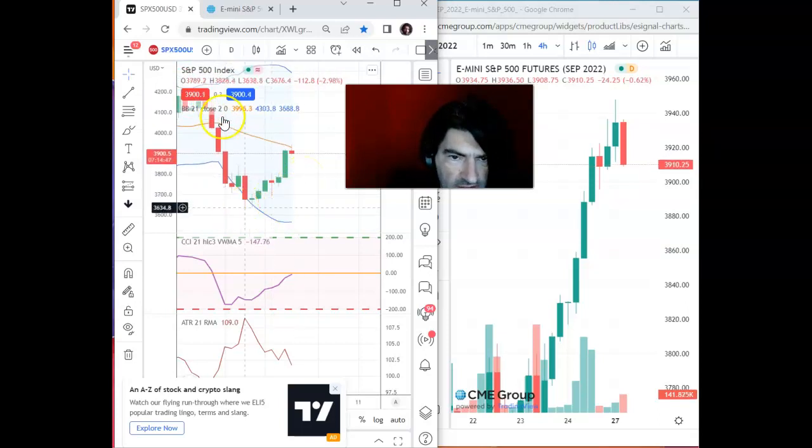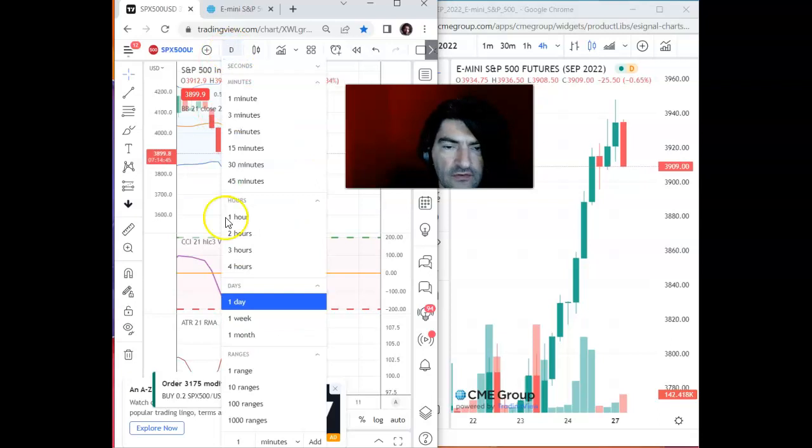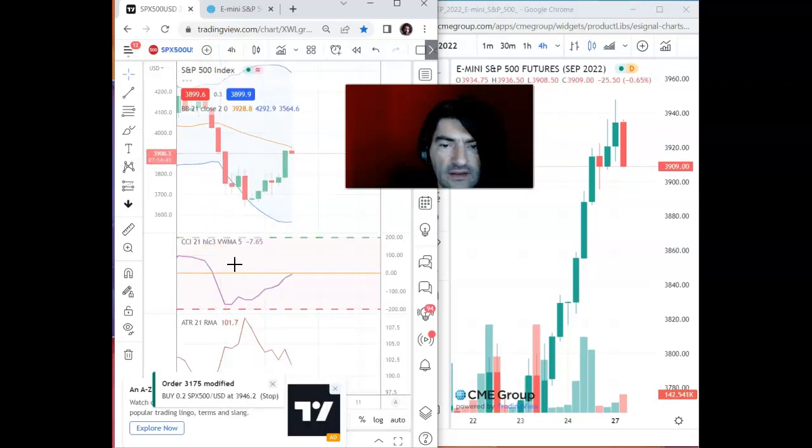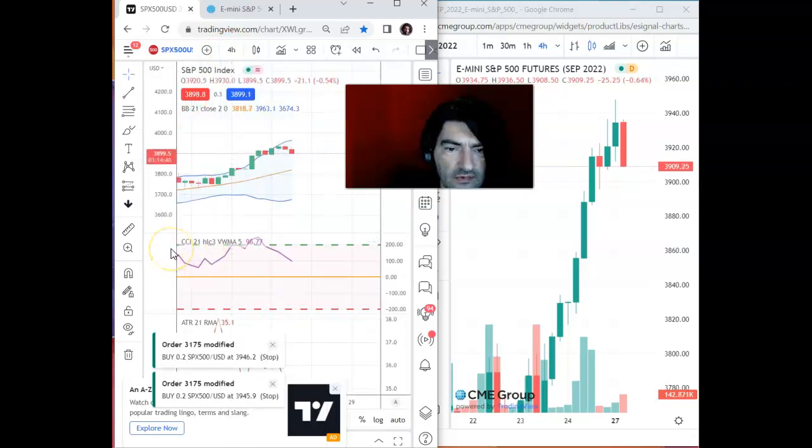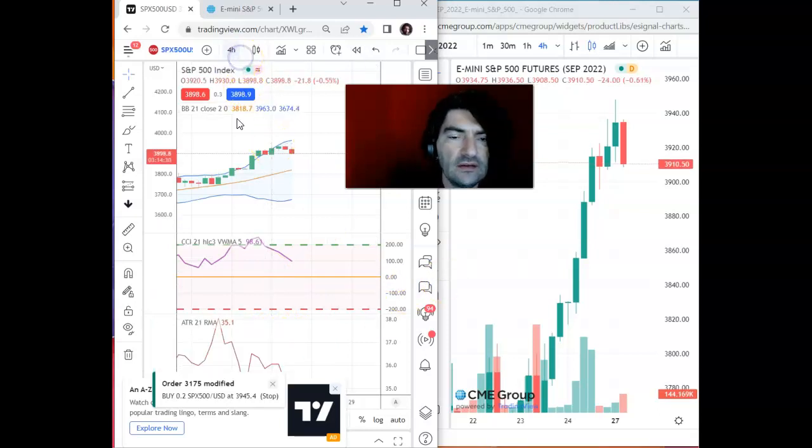Current ATR on the 4-hour, as I entered the trade last week, is 35, actually 35.1, and if you put it into the daily, that will give 70.